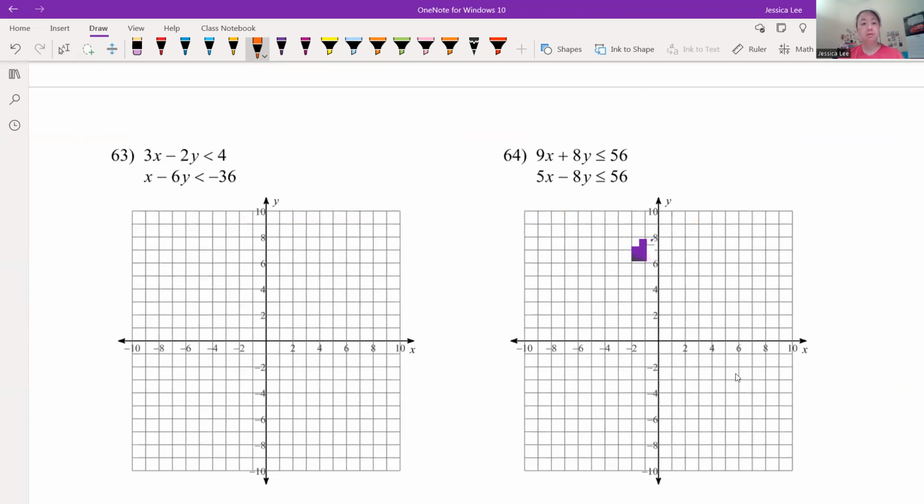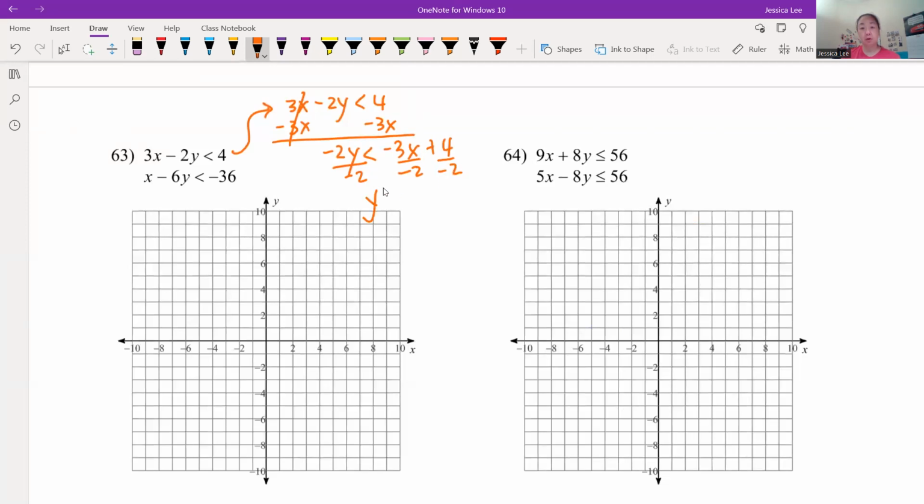Number 63. I'm going to change this to slope-intercept form because 3 does not go into 4 evenly. So 3x minus 2y is less than 4. Subtract 3x. We've got negative 2y is less than negative 3x plus 4. Divide by negative 2.